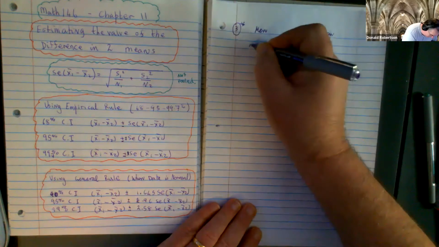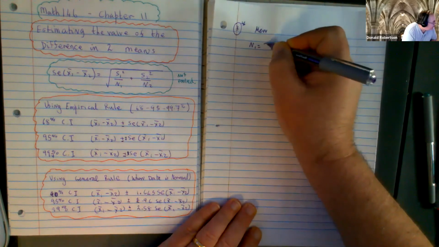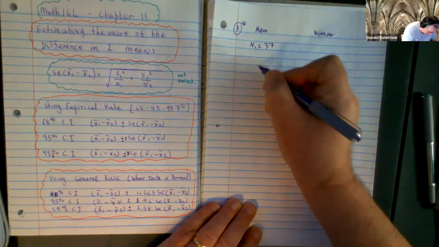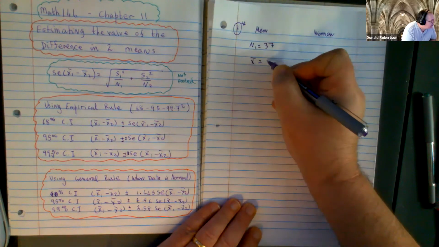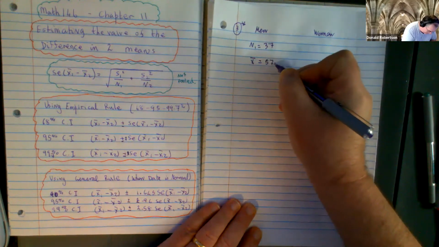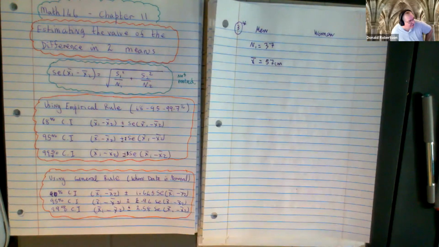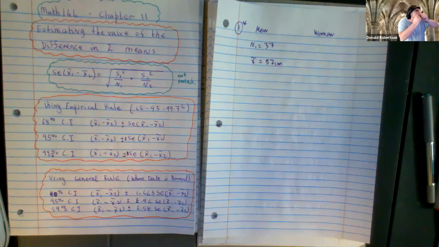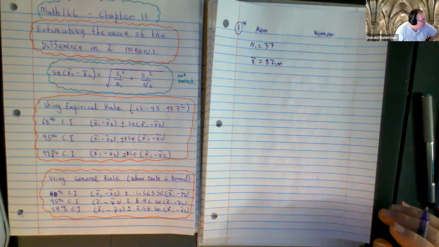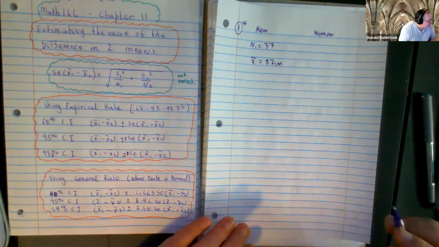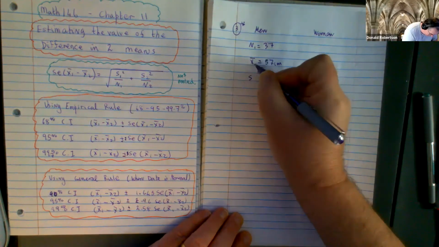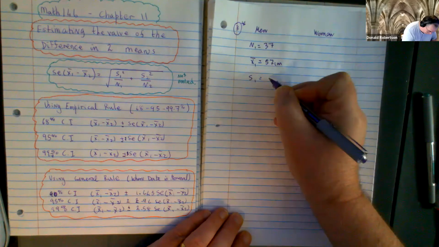But anyway, they took a sample of 37 men and they found in centimeters that their average head circumference, you know, you put a tape around the top of your forehead and you measure it, was 57 centimeters, and that the standard deviation was 2.2.